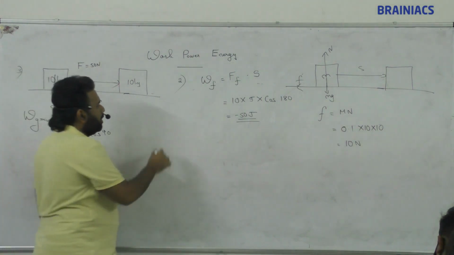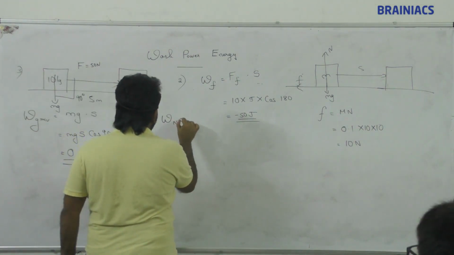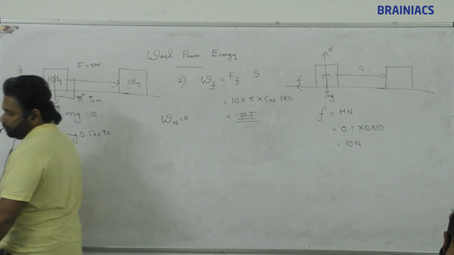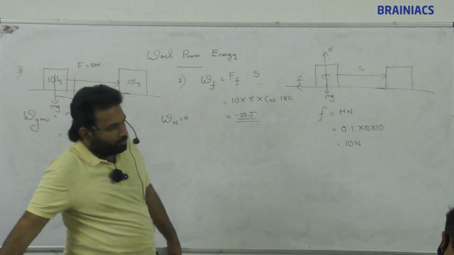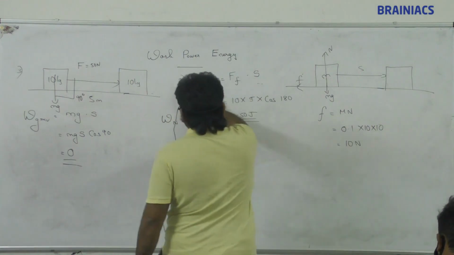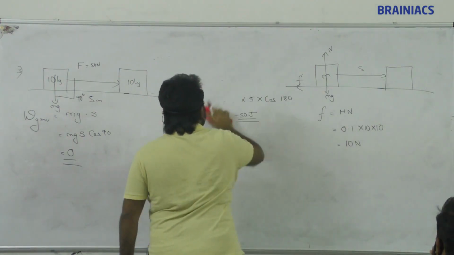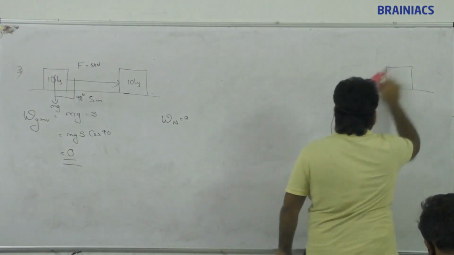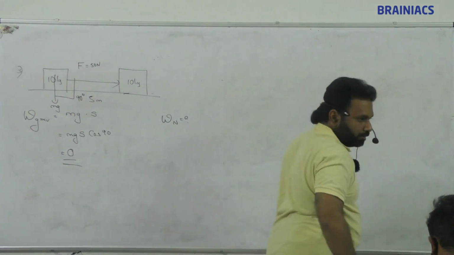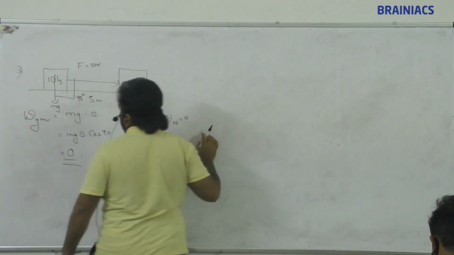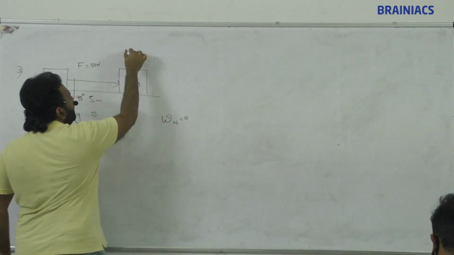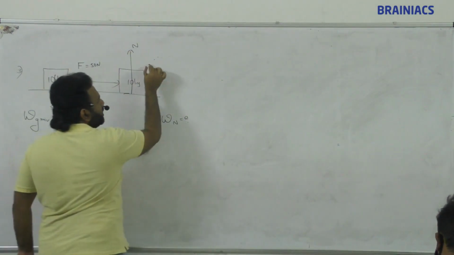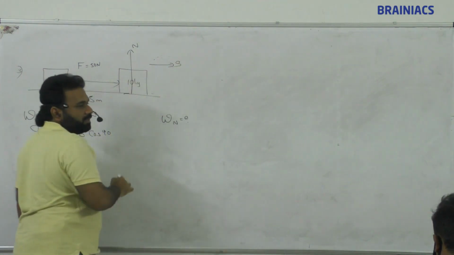Clear? What is the work done by normal reaction in this case? 0. Correct? Normal reaction will be acting in this direction, and displacement is acting in this direction.